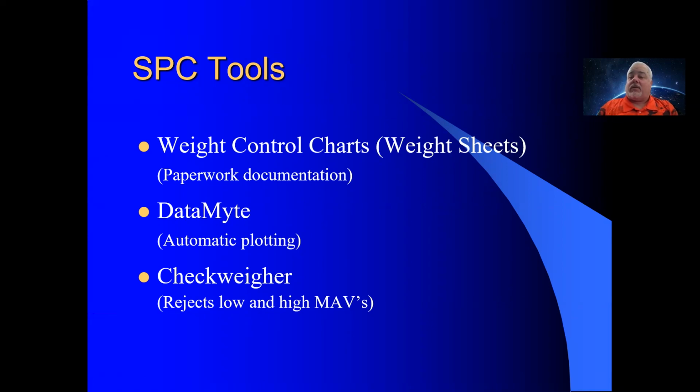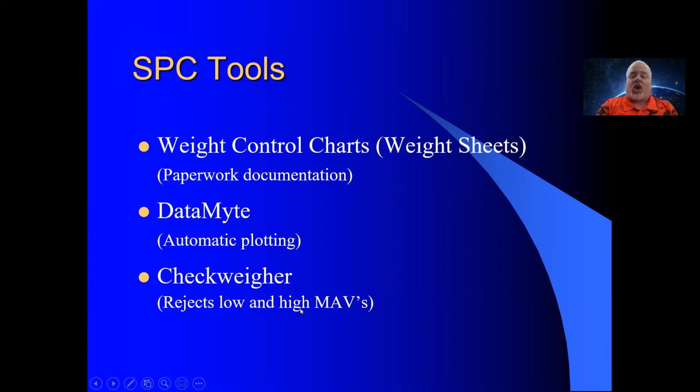Now, the weight recording device, the balance or scale that is used to measure these is connected to Datamite. So you put the bottle on, you hit a button, and you don't even have to write it down or type it in. It automatically is sending that weight into the machine. It automatically generates your averages, your ranges, and plots it.